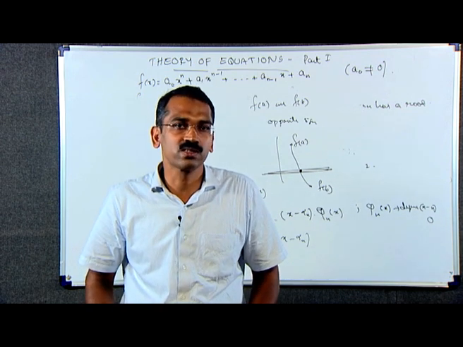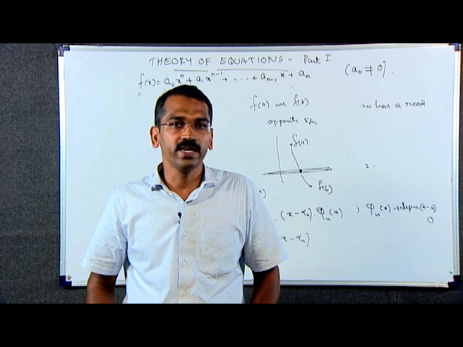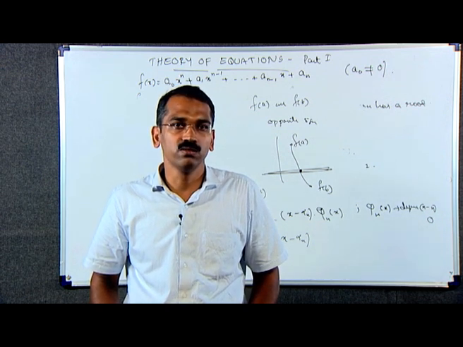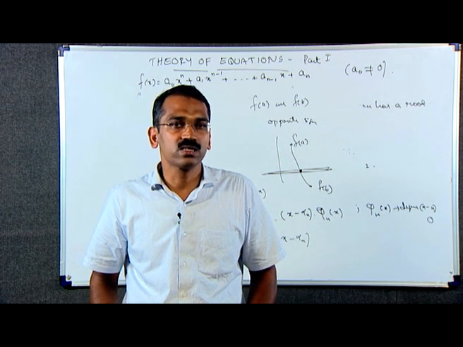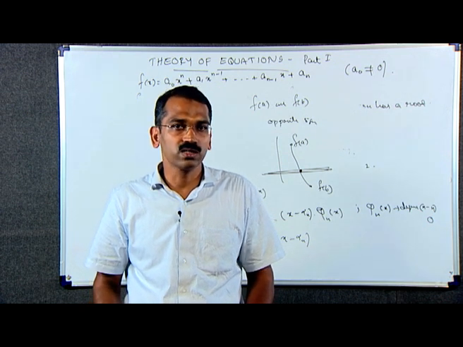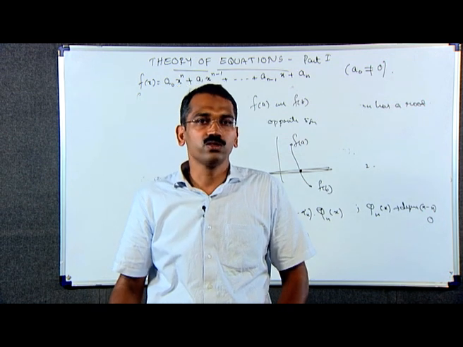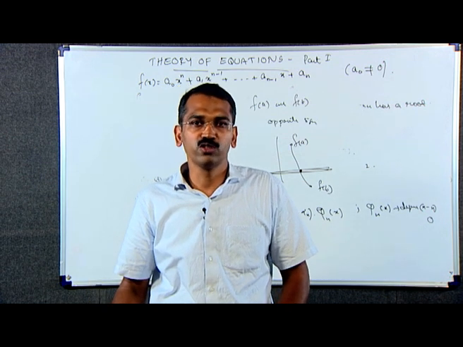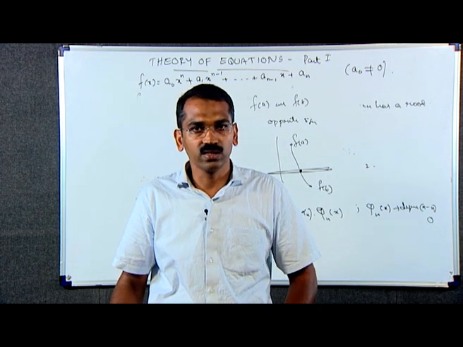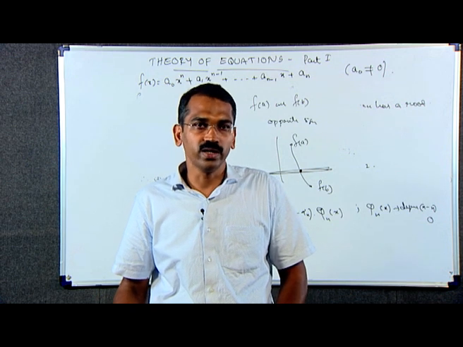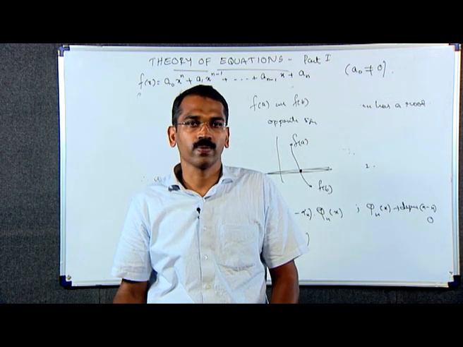If f of x equal to 0 is of even degree and the constant term is negative, the equation has at least one positive root and at least one negative root. And if f of x equal to 0 has no real root between a and b, such that a is less than b, then f of a and f of b are of the same sign.